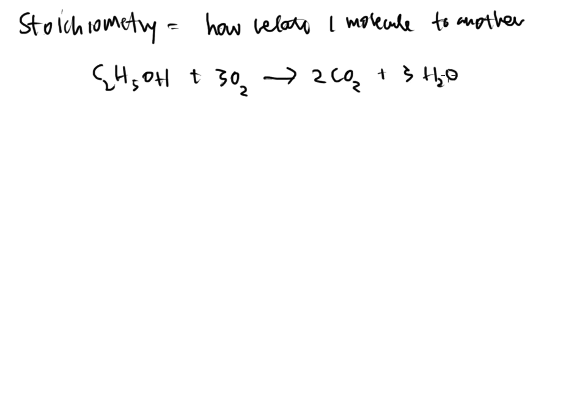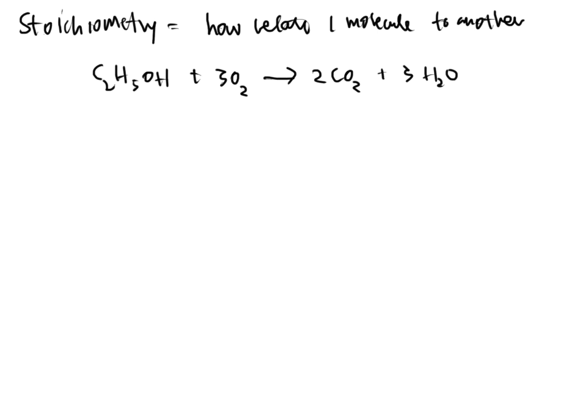Now, this is a chemical equation, right? And what this equation does is it's going to take this molecule, C2H5OH, which is ethyl alcohol, and react it with O2 gas. A combustion reaction is going to happen, and it gives me CO2 and water as a product.